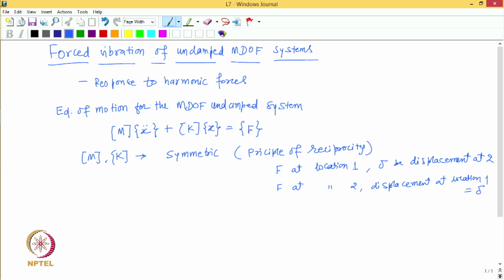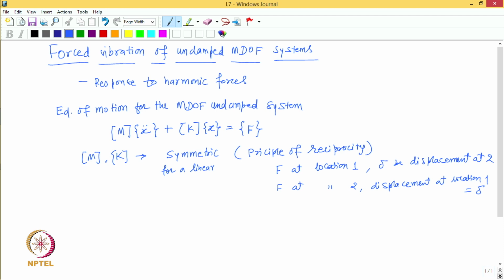That is in short the principle of reciprocity, and because of this the mass and stiffness matrices are symmetric. Of course, we are assuming a linear system, and as we stated in one of the earlier lectures, we are going to make the assumption in modal analysis that all systems are linear.